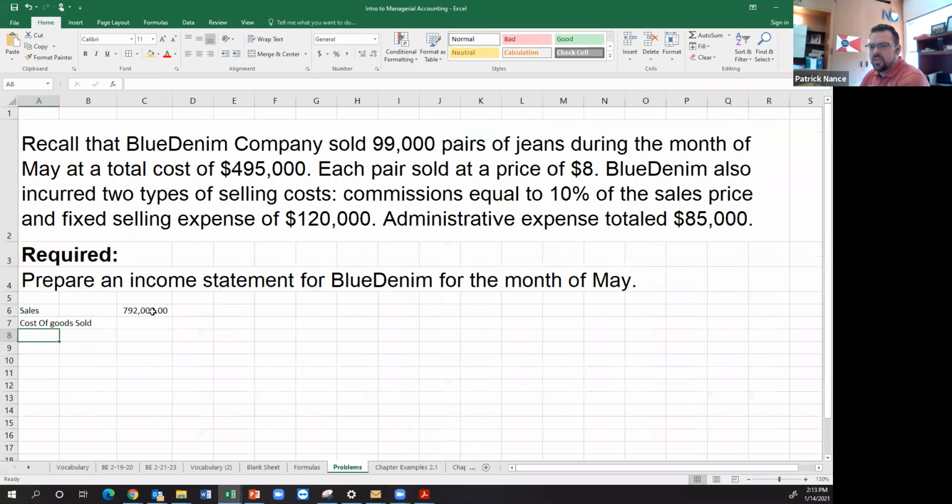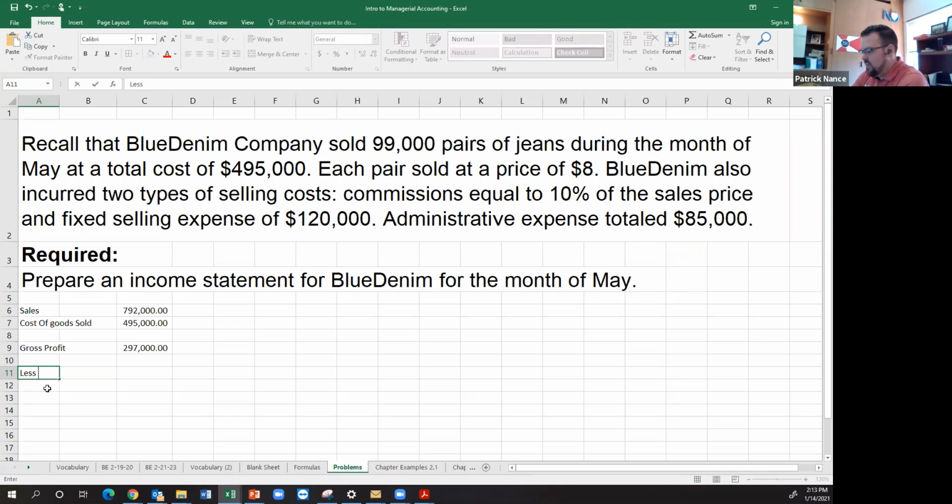And in this case, they told us our cost of goods sold is $495,000. And that's a cost, like an expense, since it's been incurred. So I need to subtract those two numbers. And when I subtract those two numbers, the number I find by subtracting sales minus cost of goods sold is my gross profit. So this company has a gross profit of $297,000, but it does have some other expenses.